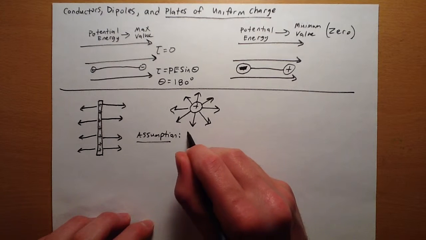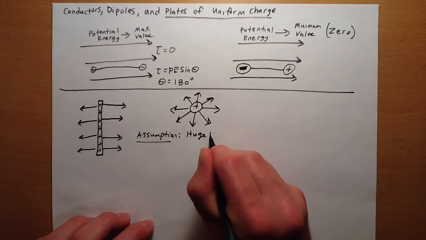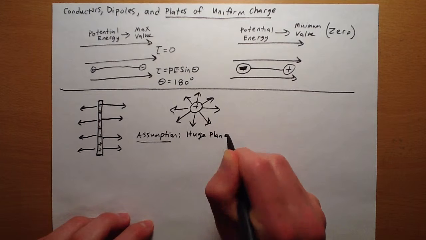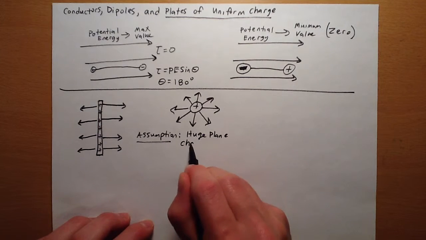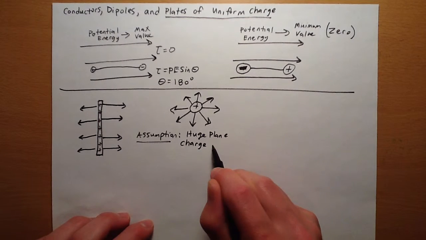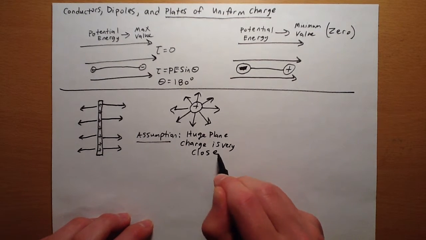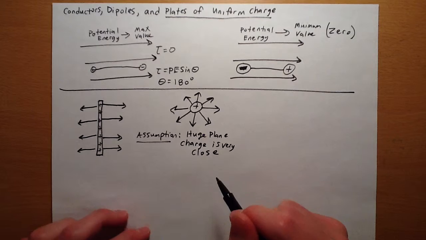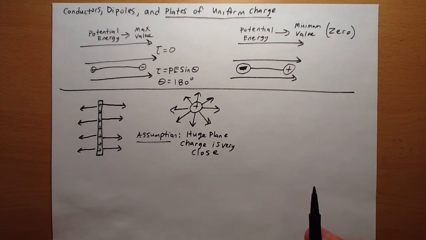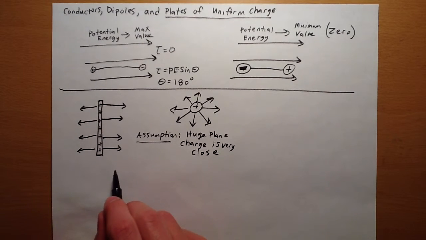We assume that it is a huge plane or plate, and the charge that we're applying this formula to is very close. So if we assume all these things, then we can apply this formula right here.